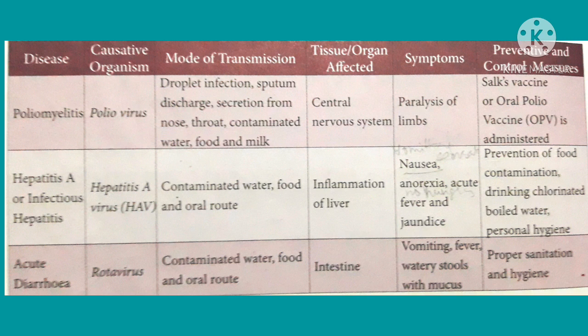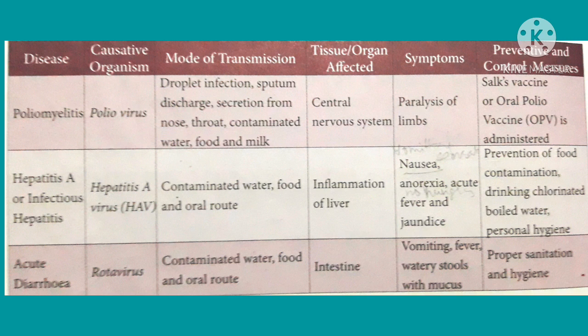Second disease, hepatitis A. Which is the causative organism? Hepatitis A virus. How will it enter our body? Through contaminated water, food and oral route. Oral route means through mouth. Which organ is affected? Inflammation of liver. So the liver will be swelling.